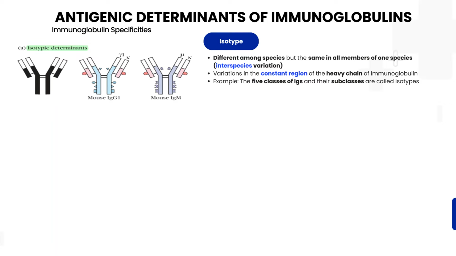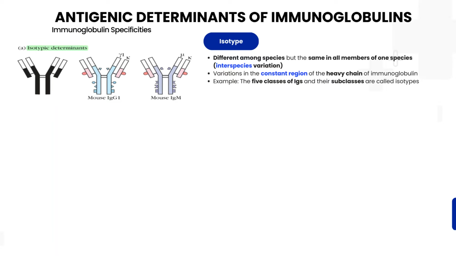That means they can generate an immune response, but only some portion can generate an antibody response in other individuals if they are introduced in them. And such portions are known as antigenic determinants of immunoglobulin. So consider these as sites which produce antibodies in other people if your antibodies are injected into them.